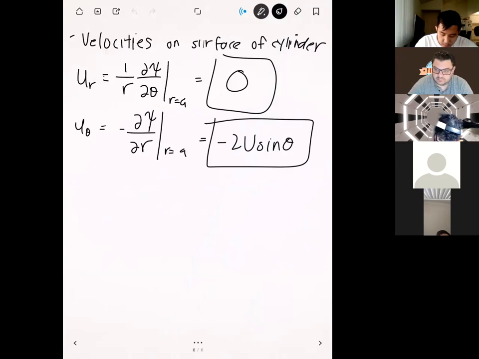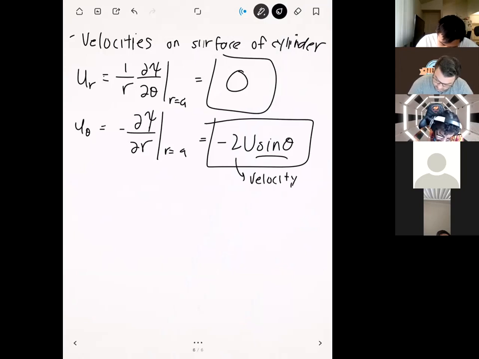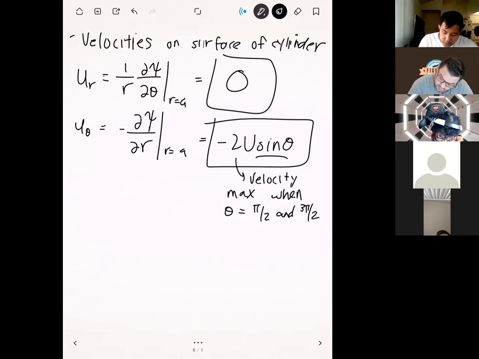Another thing that we see is that because of this sine theta right here, our velocities are at a maximum when theta is equal to pi over 2 and 3 pi over 2. And so these theta locations correspond to the top and the bottom of the cylinder.